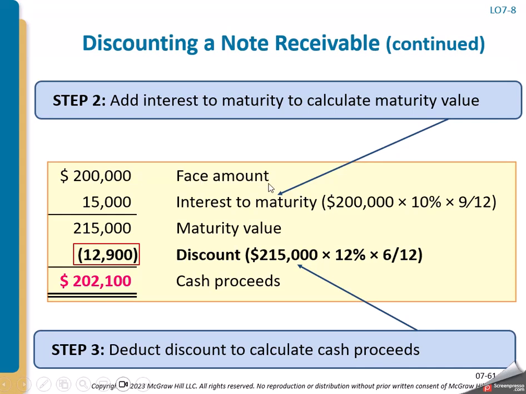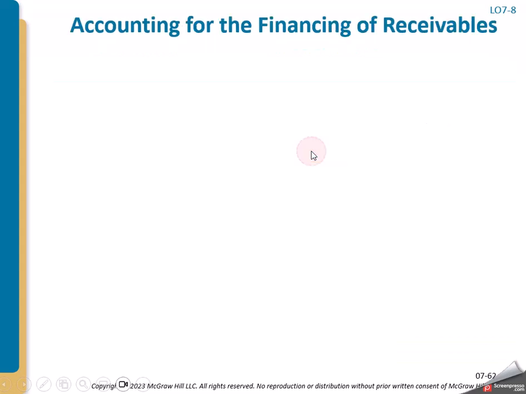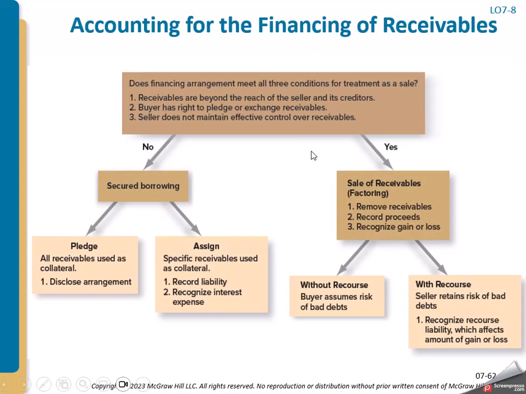So we've got the face amount of the note plus the interest that's being charged at 10%. Then our maturity value is what is going to get the 12% discount fee. So the $215,000 times the 12% for the 6 months, the bank is going to give us $202,100 if they are discounting that notes receivable for us.